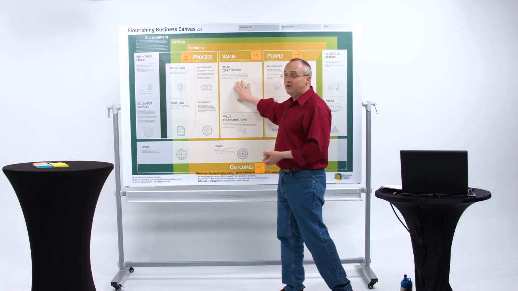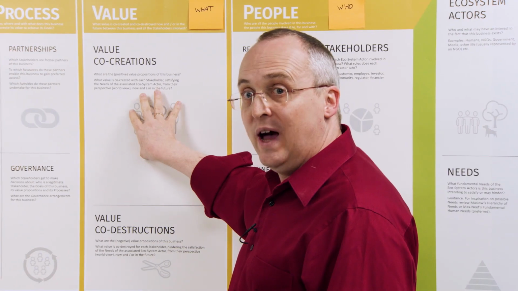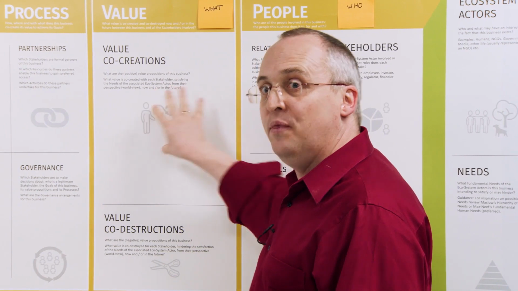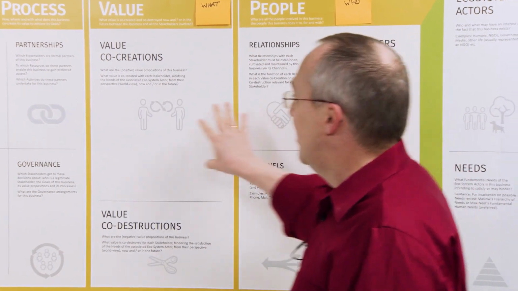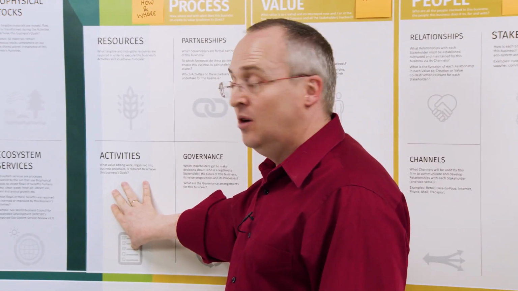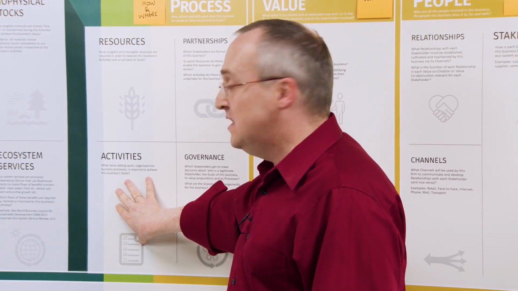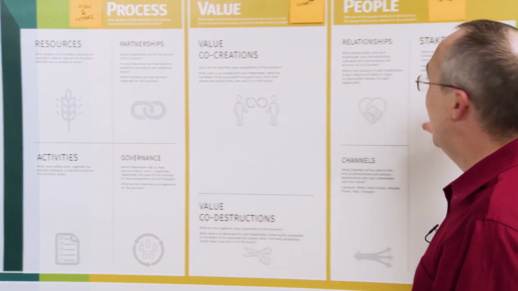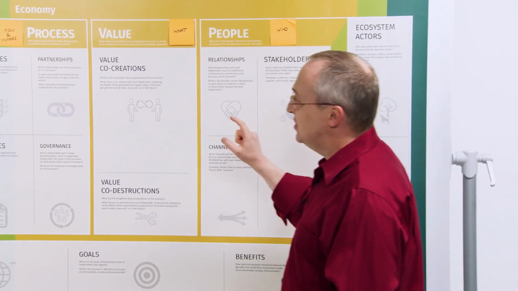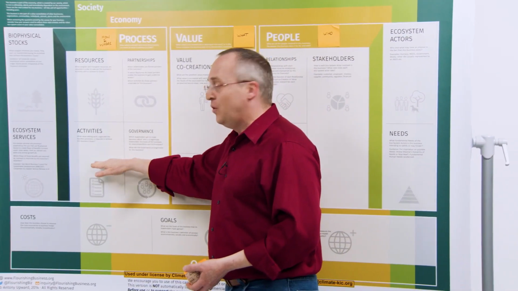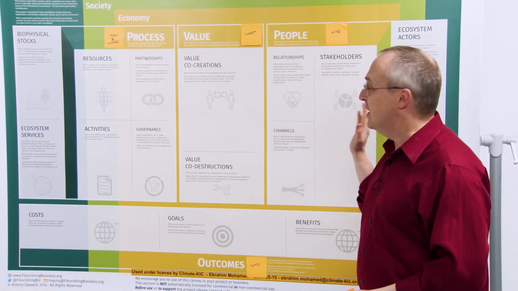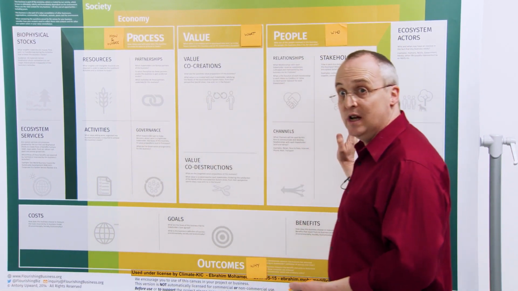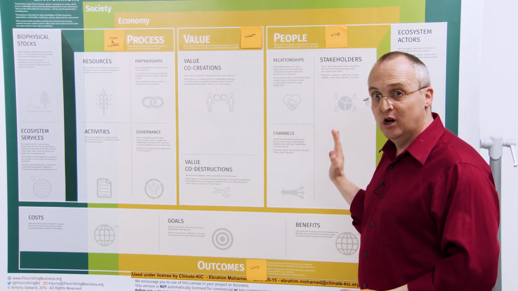Then in value co-creations, you talk about what value you are co-creating with that stakeholder. And then over here, you could talk about activities: what activities are you going to need to undertake to co-create that value with that stakeholder? Although I haven't used a particular example here, you can start to see that it's a story about how your business works and what it does.